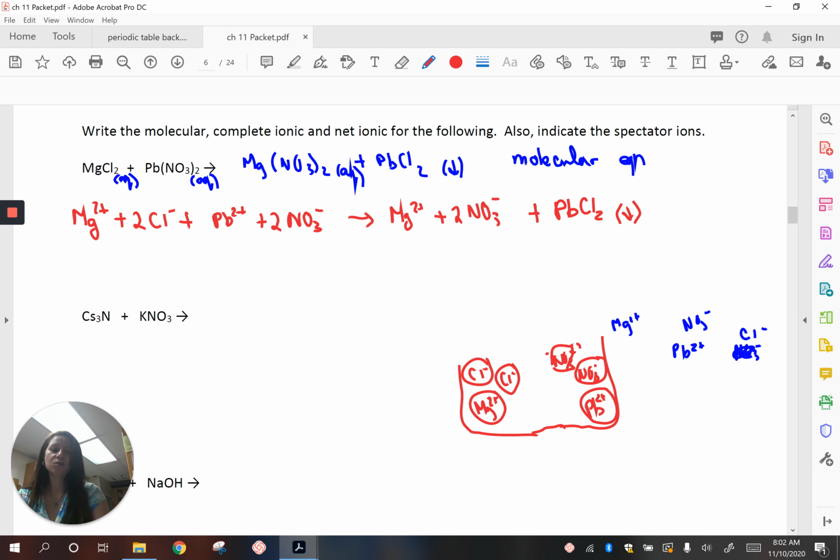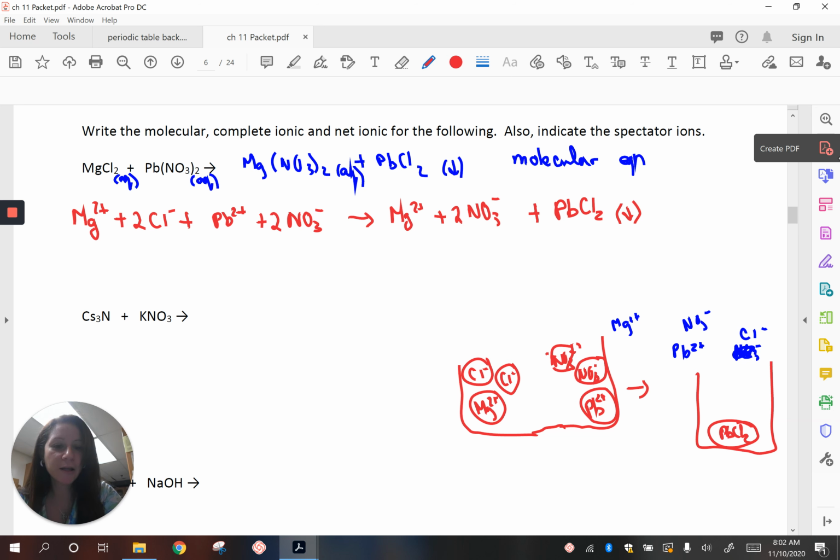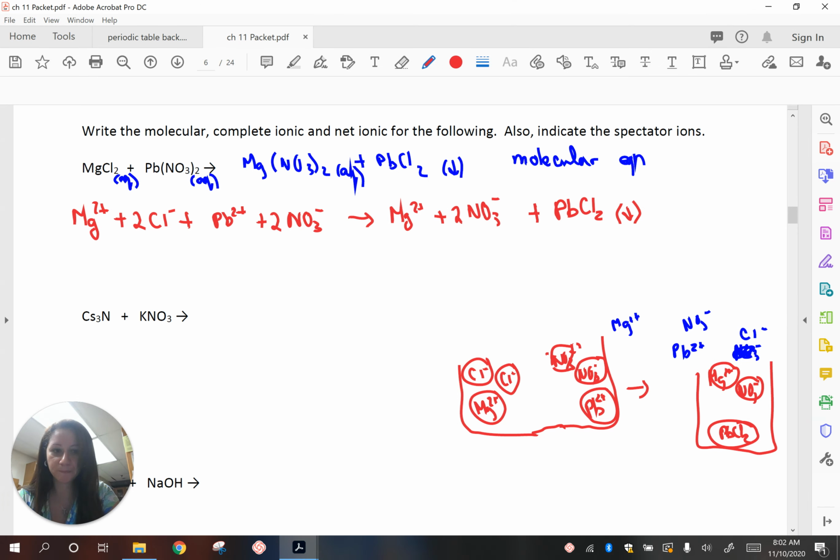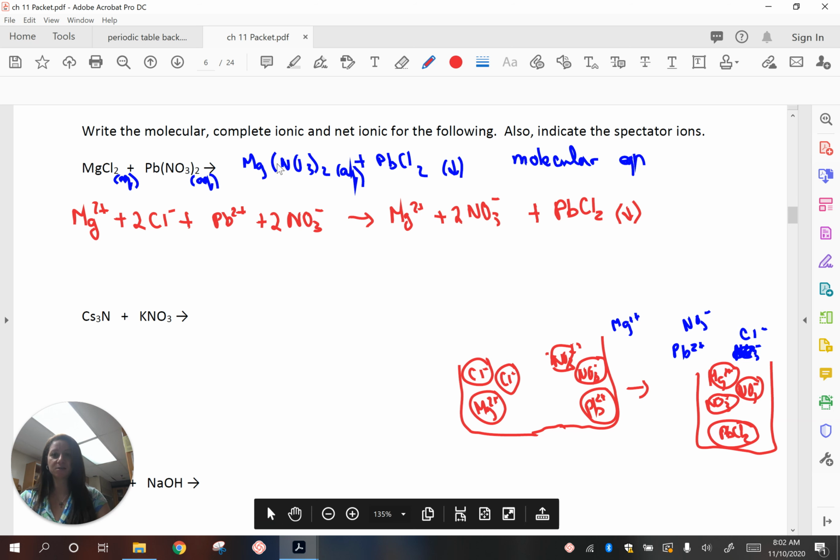It's going to precipitate down at the bottom of my beaker or test tube, but my Mg2 plus and my nitrates are going to just keep swimming around in my solution. And every time they get together, because it's soluble, they're going to separate again. So this right here is called the complete ionic equation.